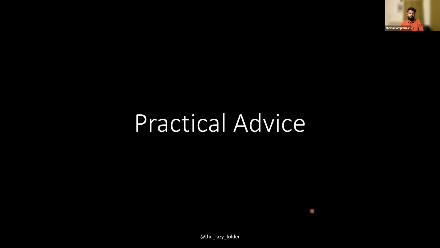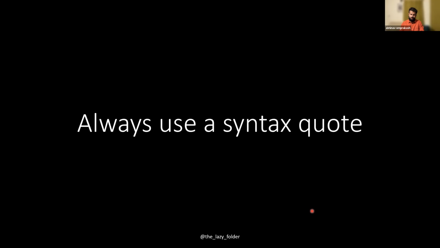So some practical advice: always use a syntax quote, because the syntax quote has a lot of guardrails built by Clojure developers, and it will help save you from common macro pitfalls.